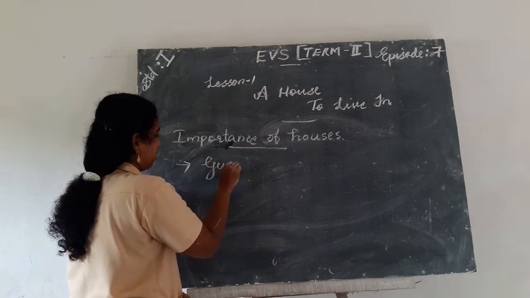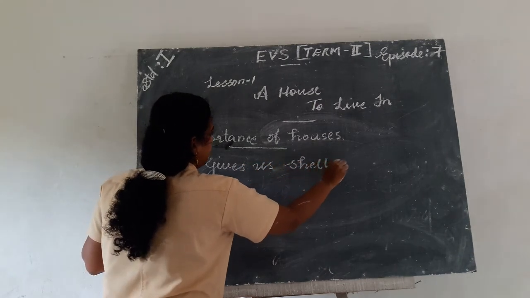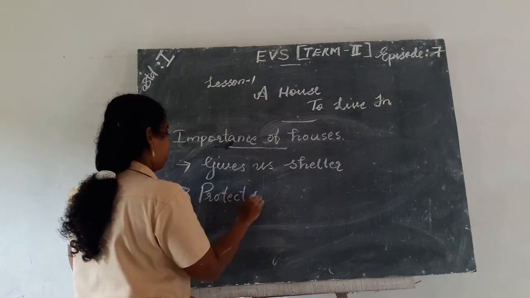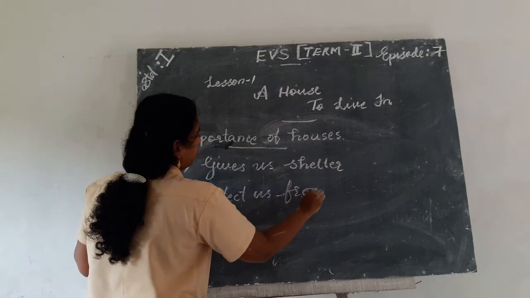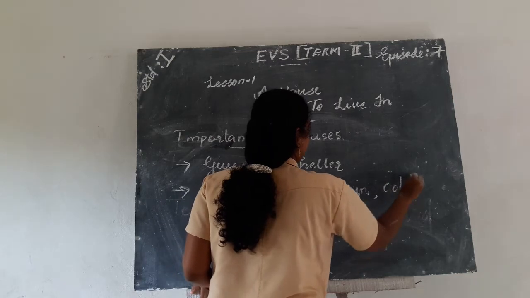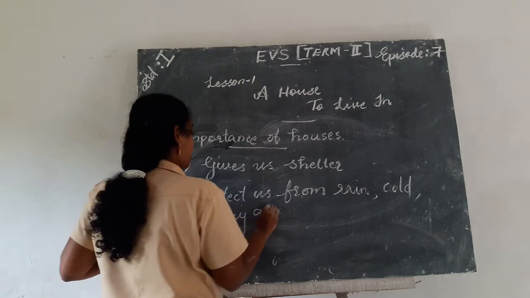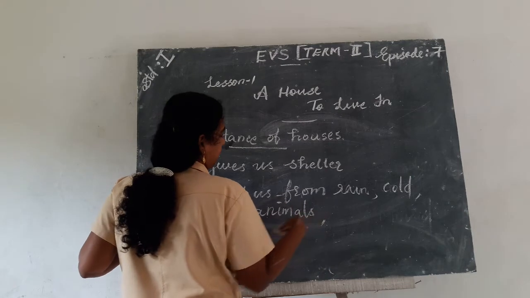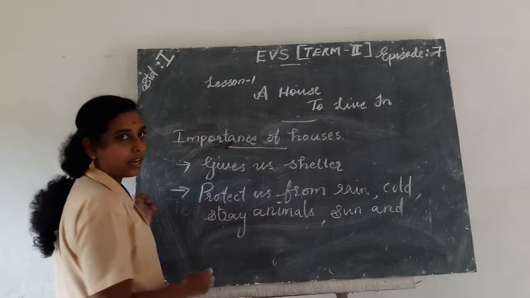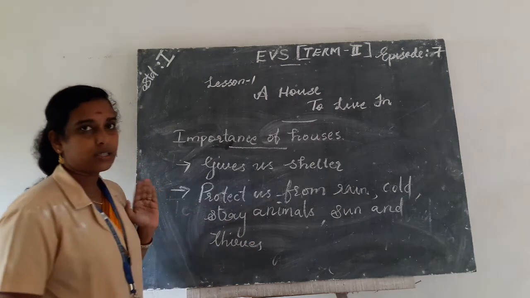A house gives us shelter, and it also protects us from rain, cold, stray animals, sun and bees. These are the importance of houses.